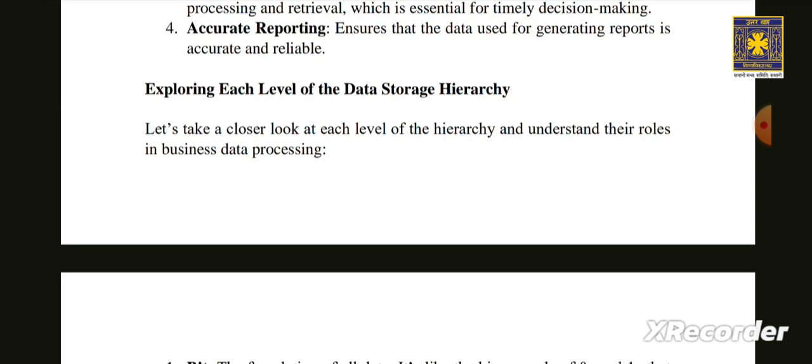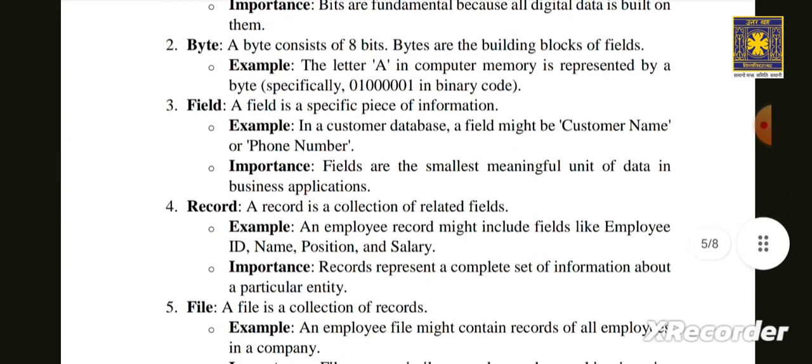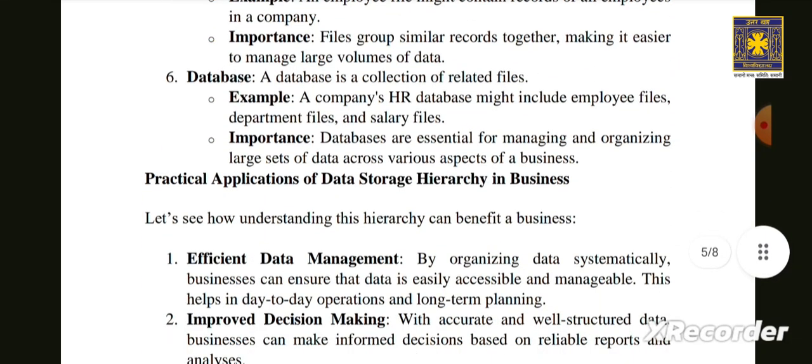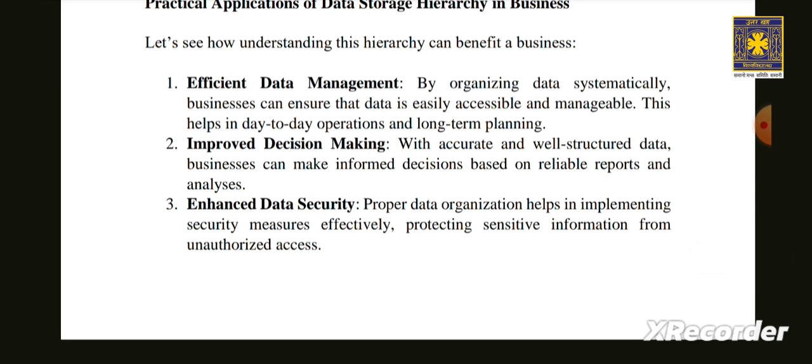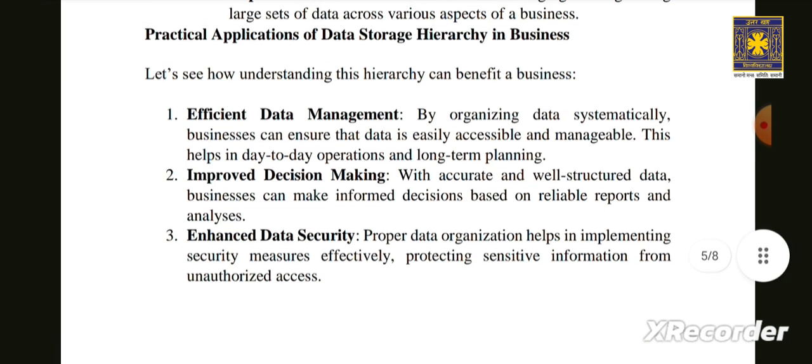So understanding this hierarchy helps businesses manage data efficiently, ensuring information is organized, accessible, and reliable across different aspects of their operations. Let's see how understanding this hierarchy can benefit a business.